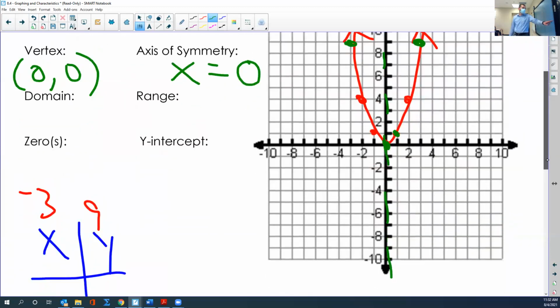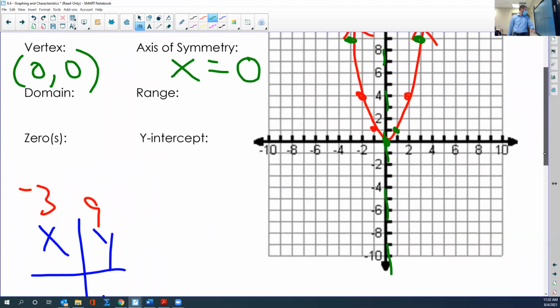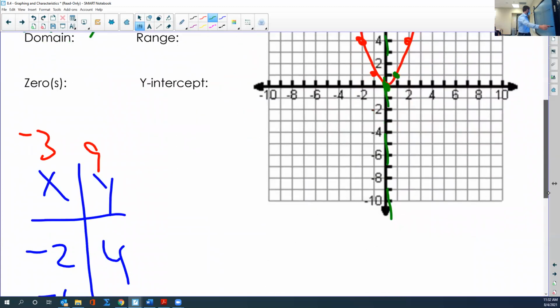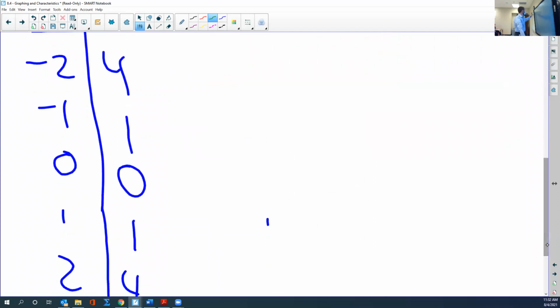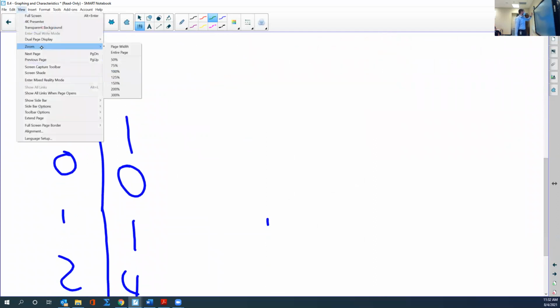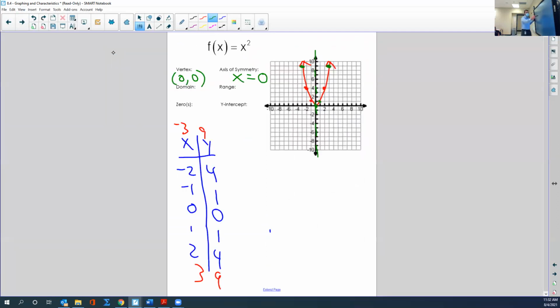From here to here, this is our vertex, and this is right one, up one.